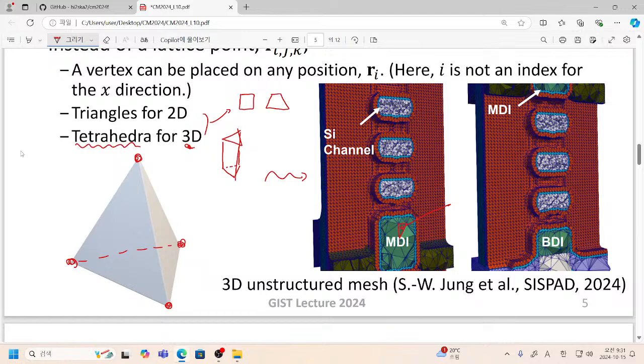So by using this shape, this is just a triangle, but here we have homogeneity along the third direction. So using this one, called a prism, we can also build three-dimensional structure.